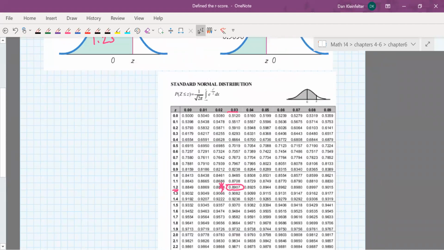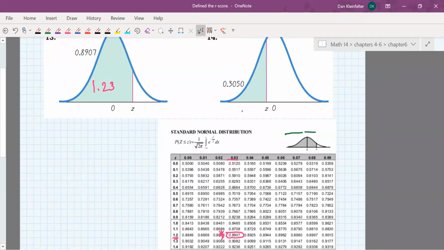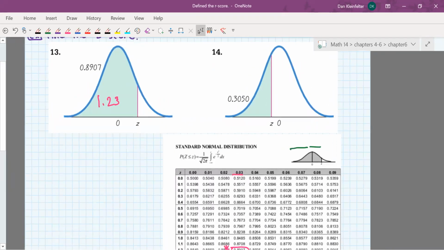The reason for that is because the area under the whole curve is 1, and if we're starting at or beyond 0 for all of our z's, we will have probabilities bigger than 0.5. For negative z's, it's negative because it's to the left of 0, so we'll need to subtract from 1, which gives 0.695.